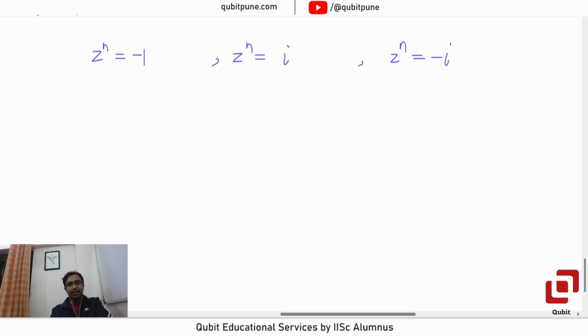You're going to proceed by remembering their exponential representations. Negative 1 is e to the power i pi. i is e to the power i pi by 2. And negative i is e to the power i negative pi by 2. Then you can add 2k pi there and then take the nth root.